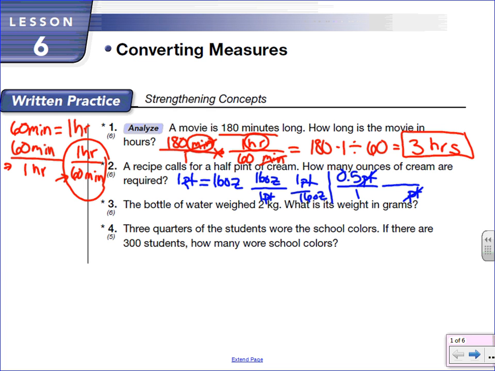So I look back at the ones that I've written, and this is the fraction that has pints on the bottom. So I write 16 ounces over 1 pint. The pints cancel out. And then, remember, anything on the top of a fraction I multiply by. Anything on the bottom I divide by. So 0.5 times 16 divided by 1 is still just 0.5 times 16, which is 8. And the units that I haven't crossed out yet are ounces.